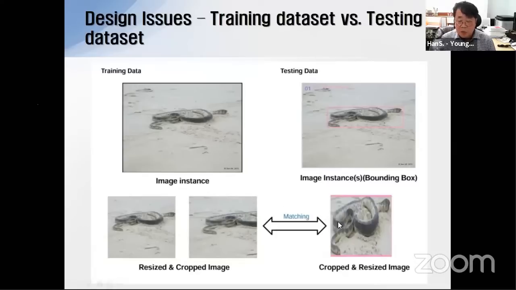Then compare to this one, that is the general way of object detection. But as you can see, the image crop for comparison is distorted compared to the original image. So it might affect the performance of the object detection or image classification, something like that. So you need to consider this side effect when you design the object detection algorithm.